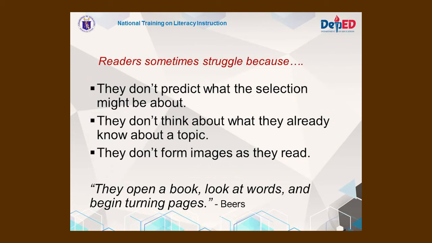So readers sometimes struggle because they don't predict what the selection might be about. They don't think about what they already know about a topic. And they don't form images as they read. What they do, according to Beers, is that they open a book, look at words, and begin turning pages.